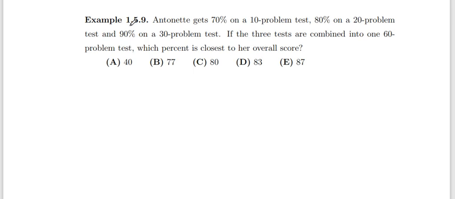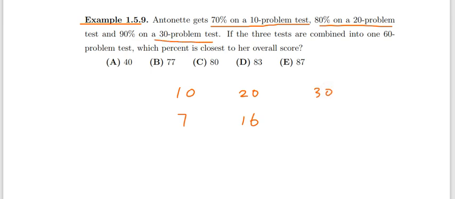So let's check this one. Okay, this problem says this guy gets 70% on a 10-problem test. So 70% means from the 10 questions he gets 7. From the 20 questions he gets 80%, which is 16. From the 30-problem test, he got 90%.